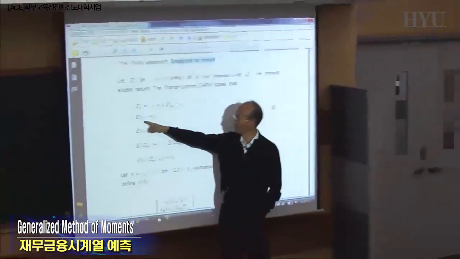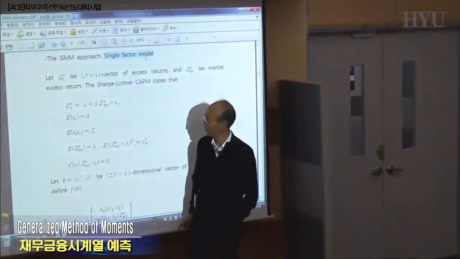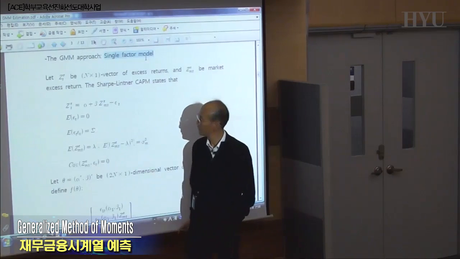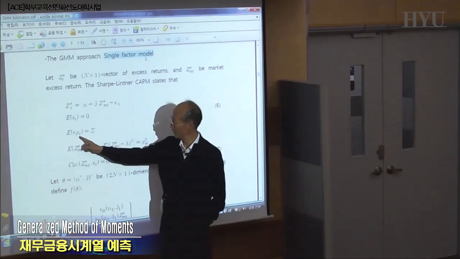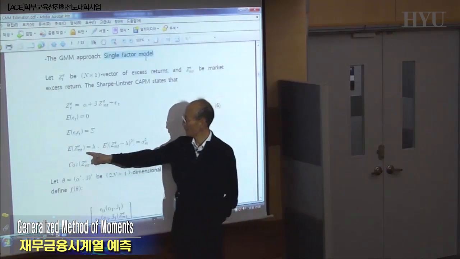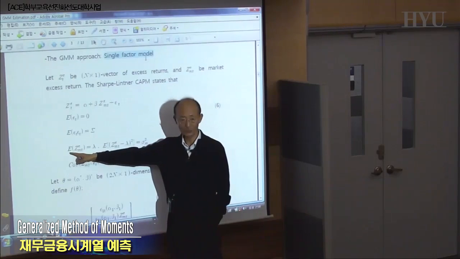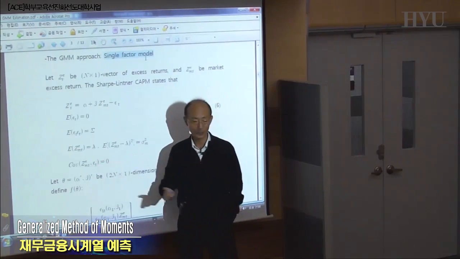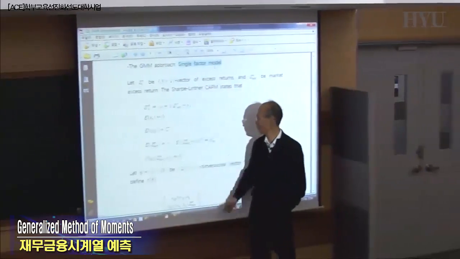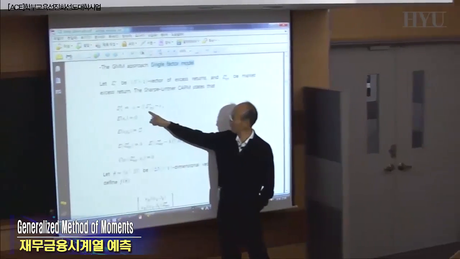Typical assumption is the expected value of epsilon is 0. Covariance is finite, actually E of epsilon_t epsilon_t transpose. And this one, the market excess return, its expected value is lambda, and we call this the market risk premium. What is the variance of this guy?